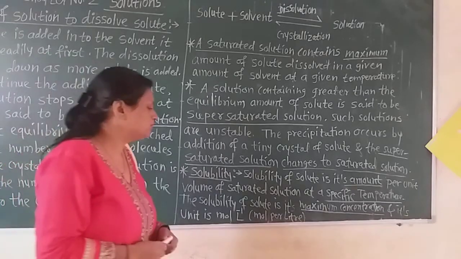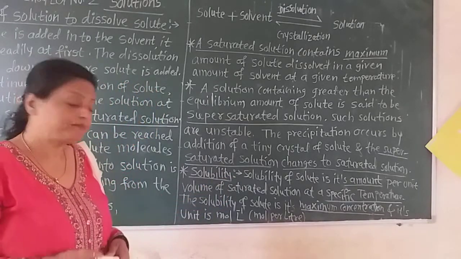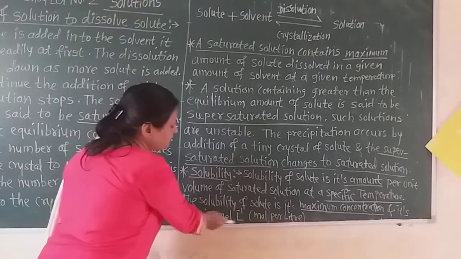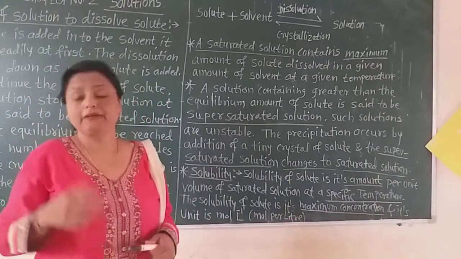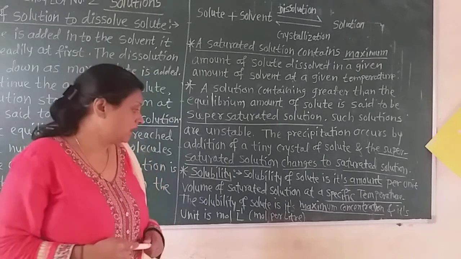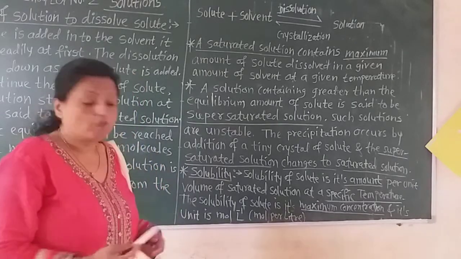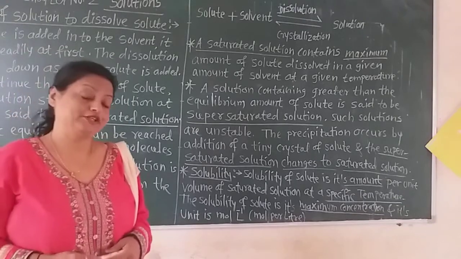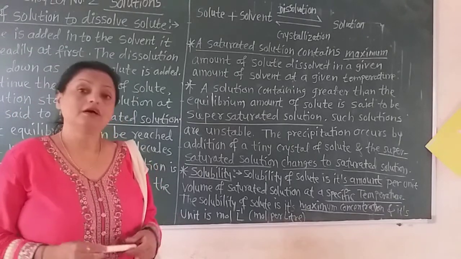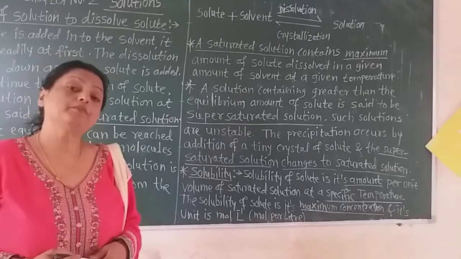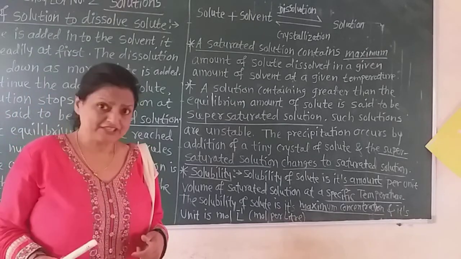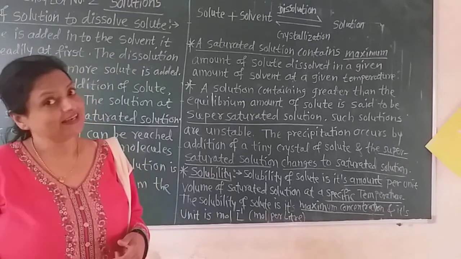So the solubility of the solute is the maximum concentration, and its unit is moles per liter. What is the unit of solubility? Moles per liter. It may be grams per liter also, but the SI unit is moles per liter. So solubility is the amount of the solute present in the given volume of the saturated solution at a specific temperature.